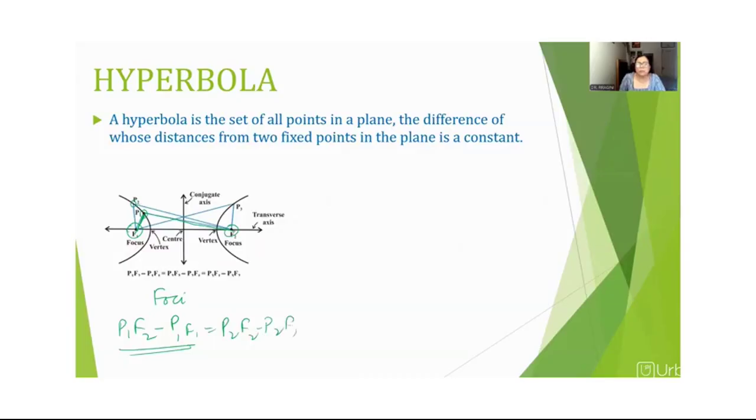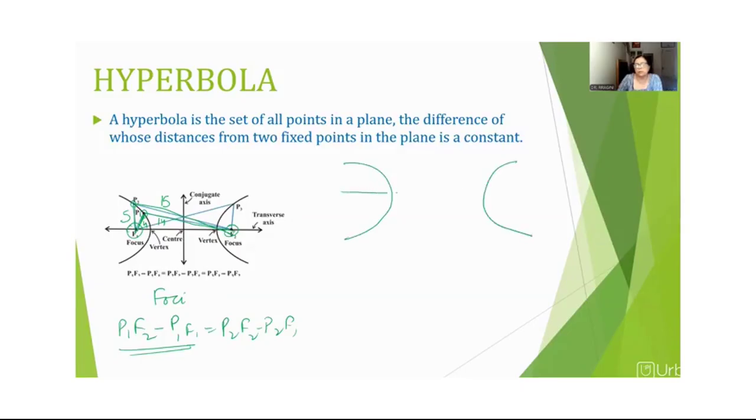That means the difference of the distances from these two points, like let's say this is 15 and this is 5. The difference is 10, right? Let's say this is 14 and this is 4. Again, the difference is 10. So the difference has to be constant from these two given fixed points. In that case, the figure that we derive is hyperbola.